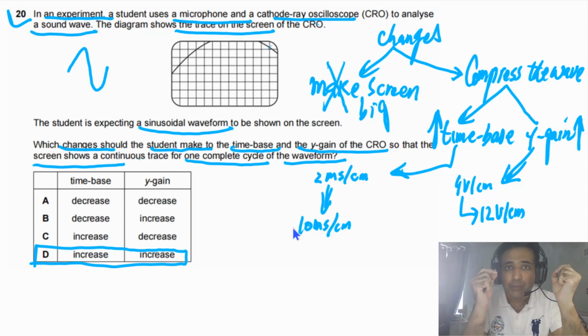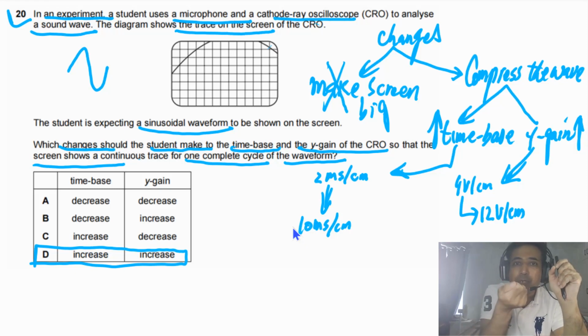A beautiful question, simply testing your real understanding of CRO. It is also testing whether you have ever used a CRO in your practicals. If you have used a CRO in your physics lab, this question is very basic. Most of the time when we do any experiment with a CRO, we want to see the sound wave, so we adjust the time base and we adjust the Y gain.